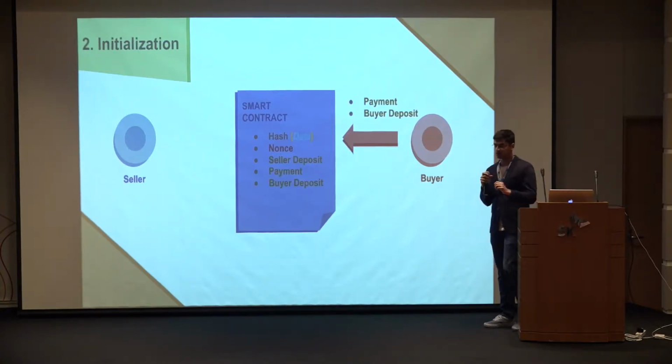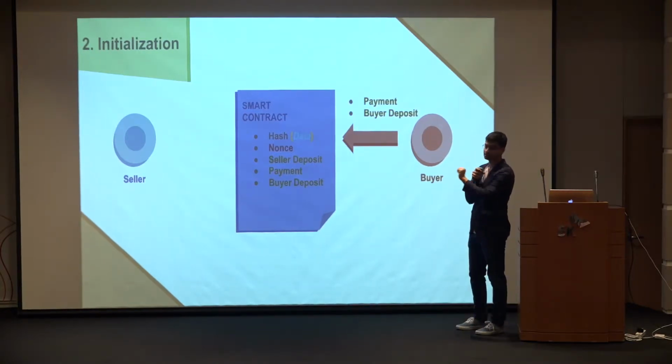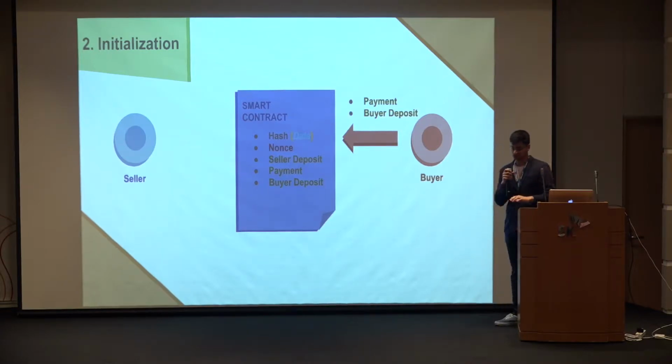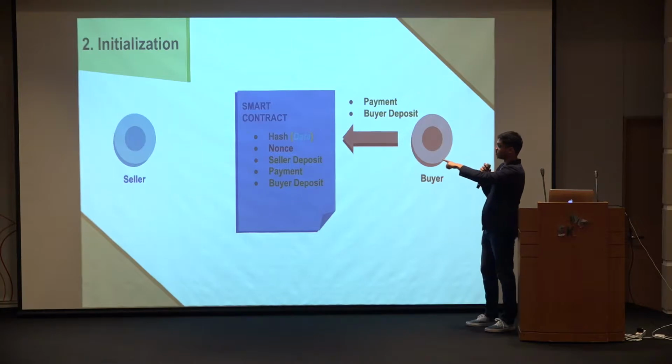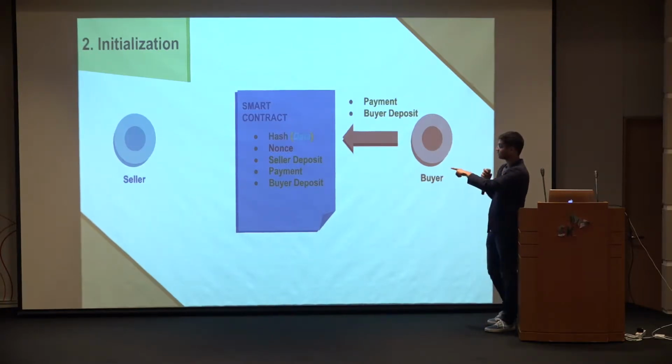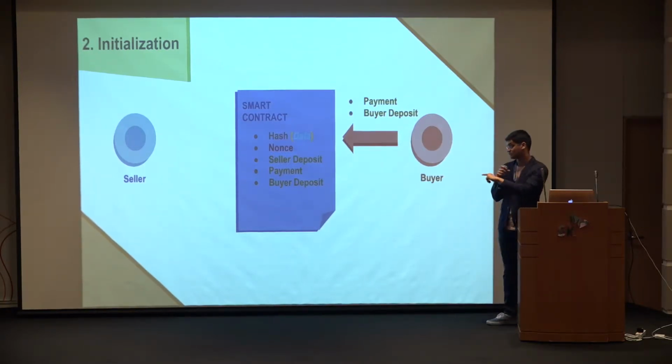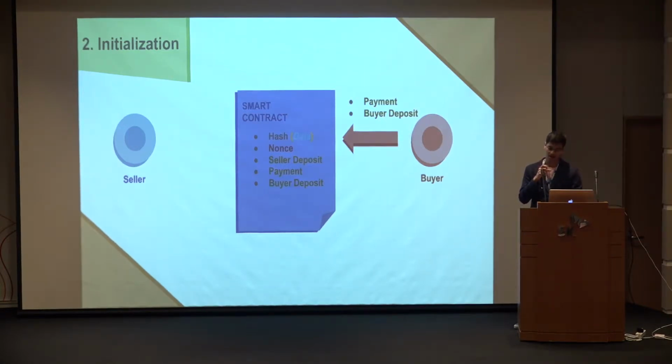The second step is that the buyer stakes a payment and a buyer's deposit onto the smart contract. So at this point, the smart contract contains what the hash of the data should be, a one-time nonce, a deposit from the seller, the payment for the product from the buyer, and a deposit from the buyer.